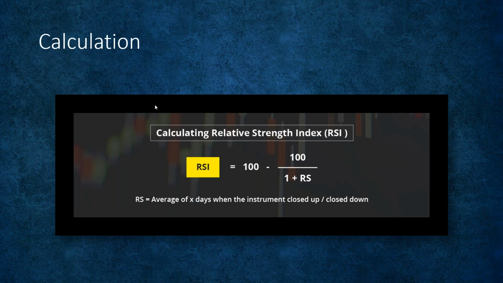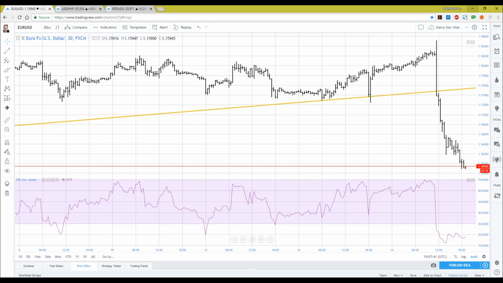Before we talk about the calculation, let's go look at a chart and see what RSI looks like. So now we're just looking at the current Euro US dollar chart for a 30-minute time frame. I'm going to take RSI off of here.